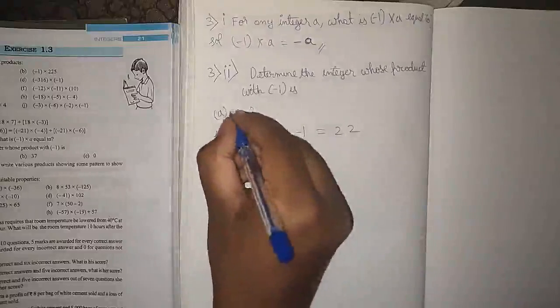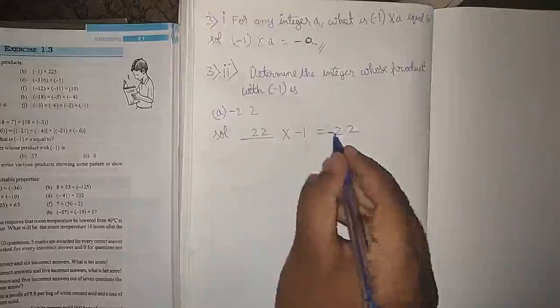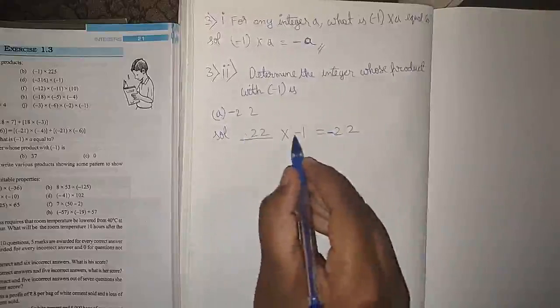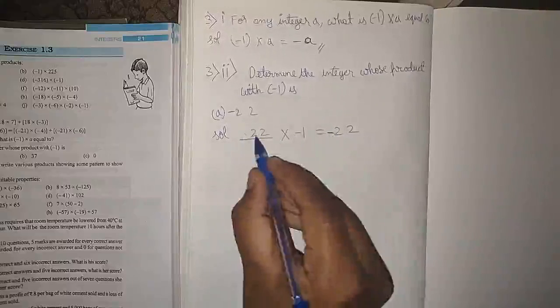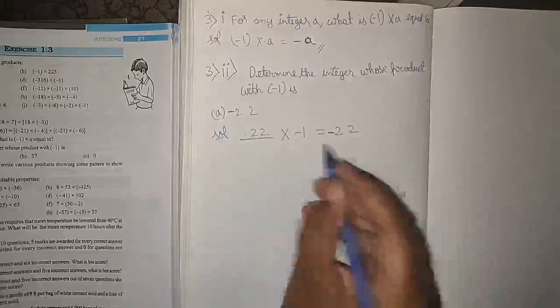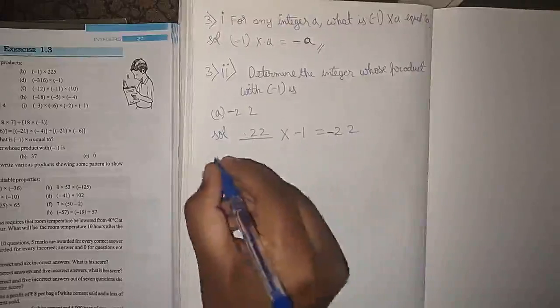So what I should get? Question is minus 22 I should get as the answer. Correct, no? See, plus, if I write plus here, plus into minus will be equal to minus 22 into 1 is equal to 22. So plus 22 into minus 1 will give you minus 22.